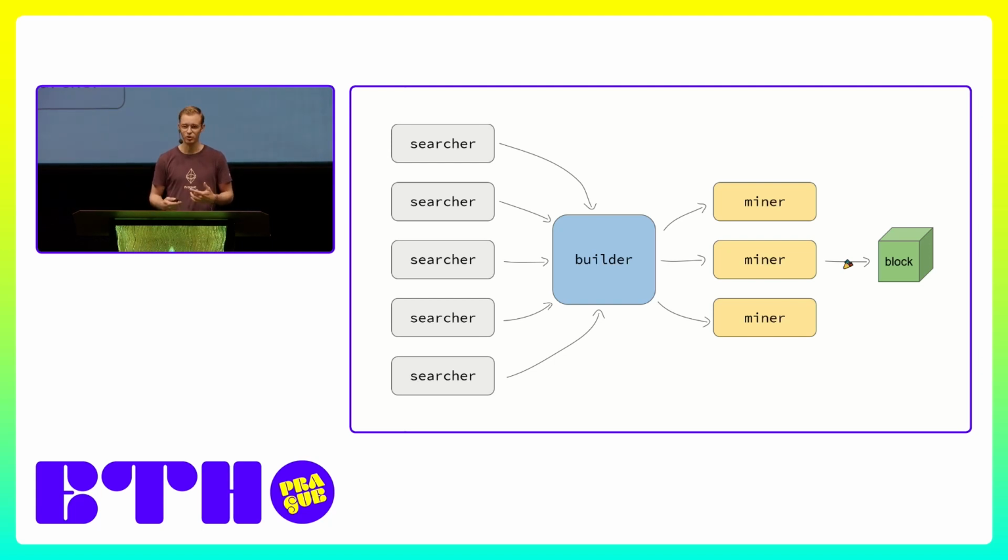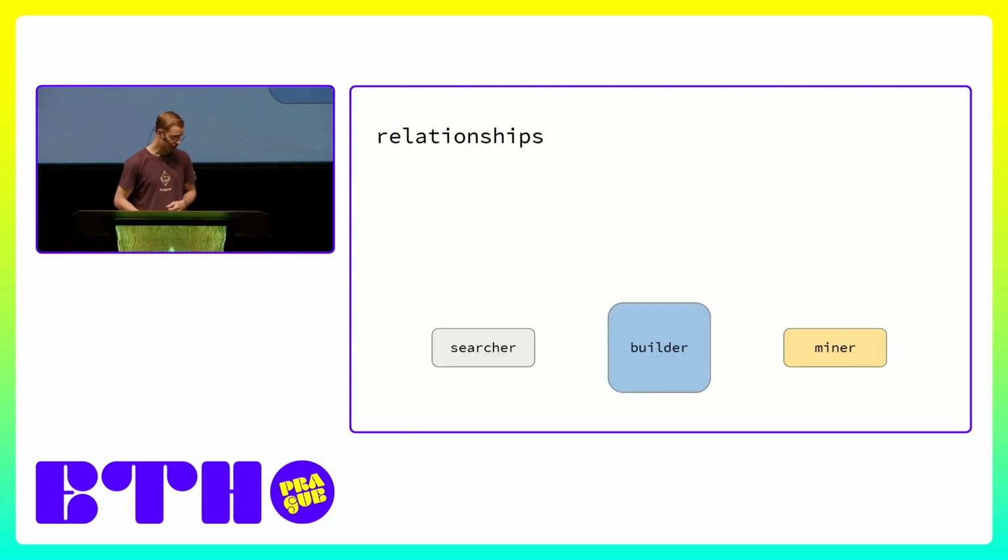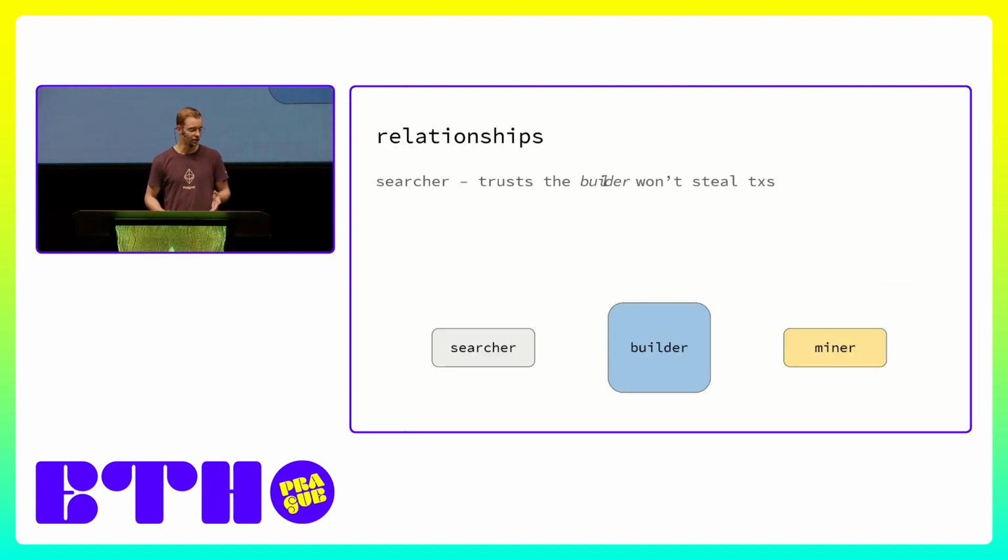And hopefully this cycle is happening in parallel with multiple builders. So you have some searchers connected to one builder, some searchers connected to another builder. They're all sharing blocks. It's an open market looking for the block that has the most MEV in it. So if we look at the relationships that exist between these different entities, we have first this relationship of the searcher and the builder.